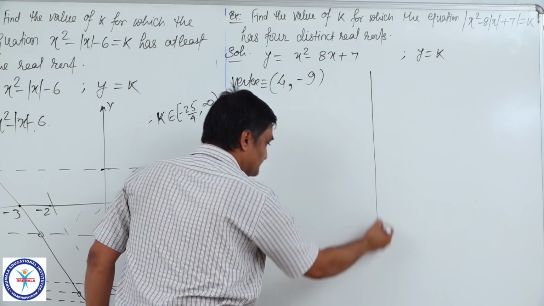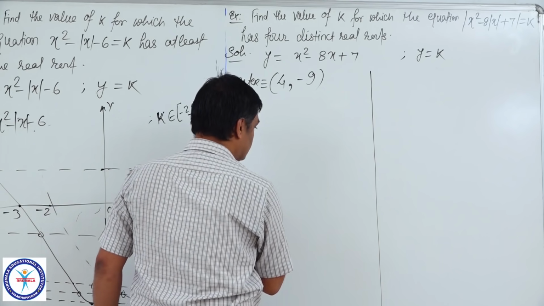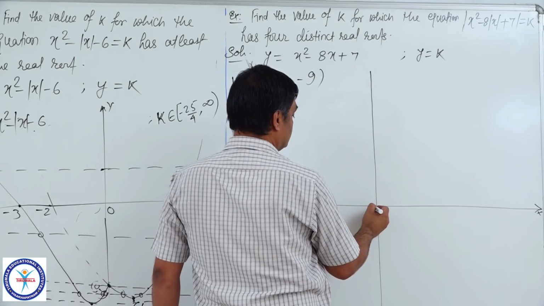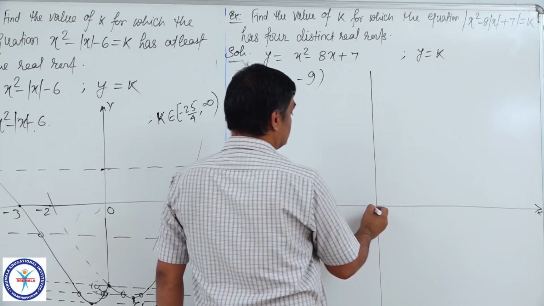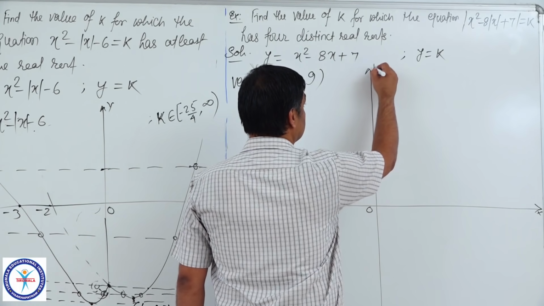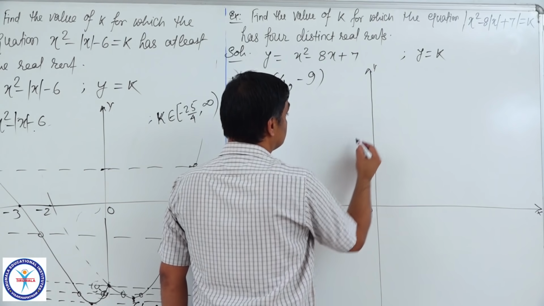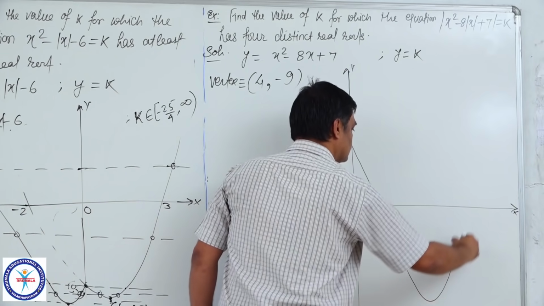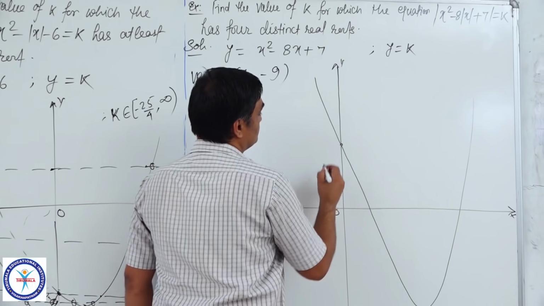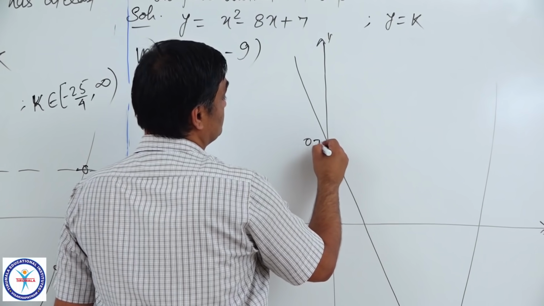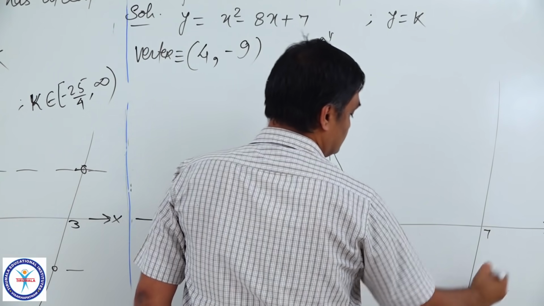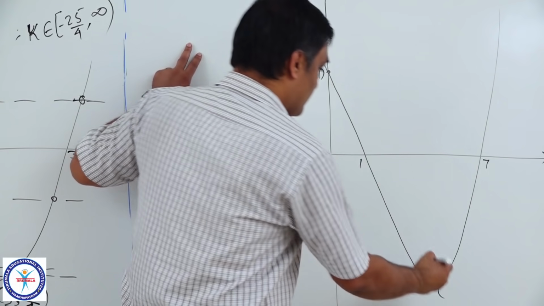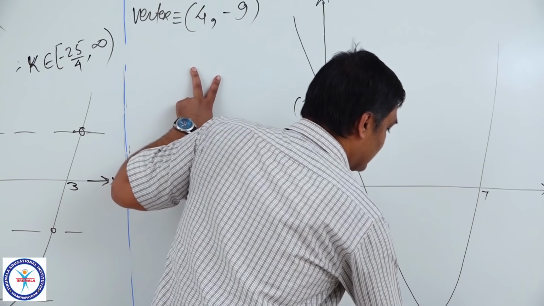Okay. Opening upward, with vertex 4 comma minus 9.